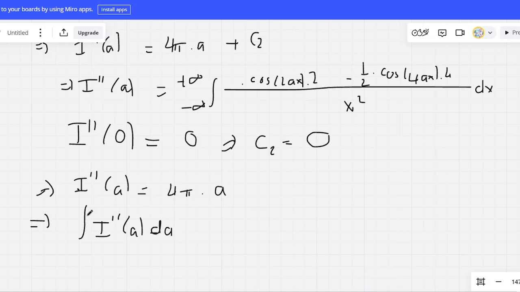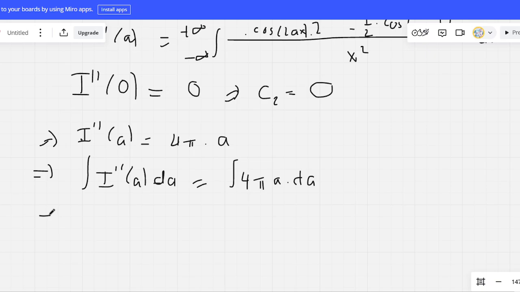The integral of the second derivative of I with respect to a equals the integral of 4 pi a da, and this one is just going to be I prime of a equals 4 pi times a squared over 2 thanks to the power rule. The 4 and the 2 will cancel, so we're ultimately going to get back 2 pi a squared plus a constant C3.